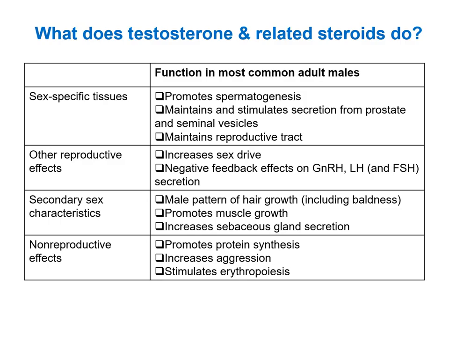This is interesting because you may have heard of athletes or bodybuilders that sometimes illegally take anabolic steroids. What this means is that they're often taking testosterone-like substances to mimic this effect of testosterone promoting muscle growth. Testosterone also increases sebaceous gland secretion.